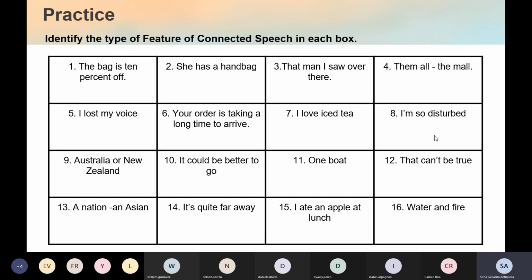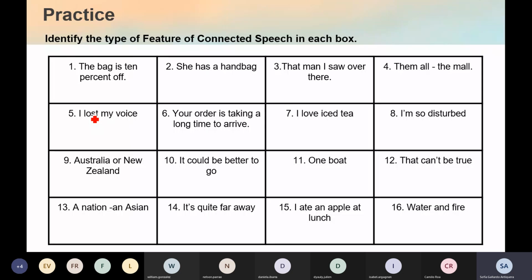The bag's 10% off. What do you think happens in that sentence? Any ideas? The bag is 10% off. I know this might be kind of difficult, but I know you can do it.